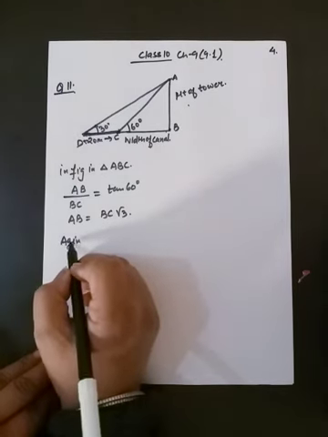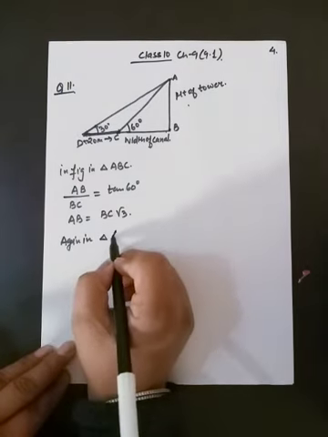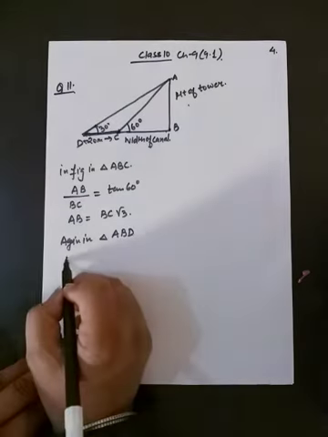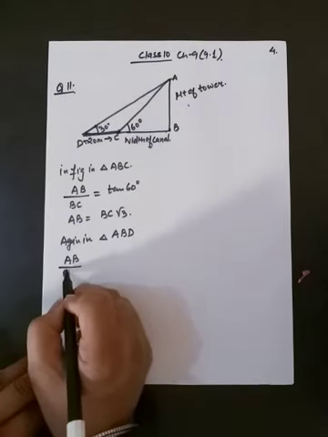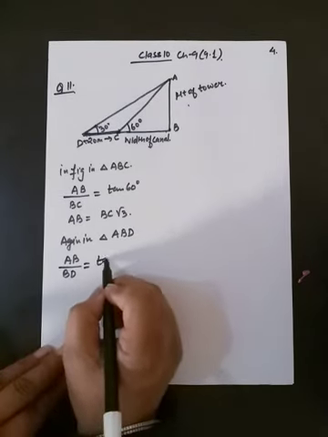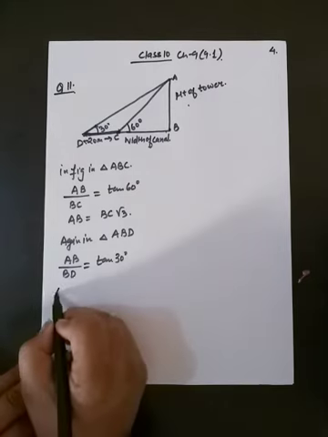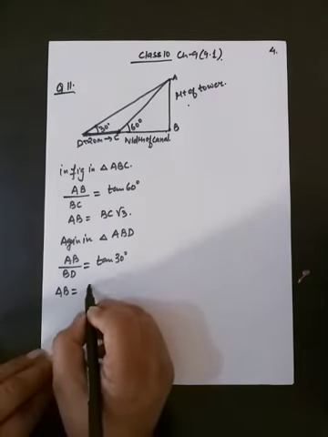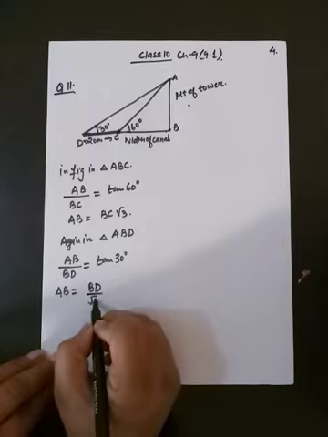Again in triangle ABD, AB by BD is equal to tangent 30, and AB is equal to BD by root 3.